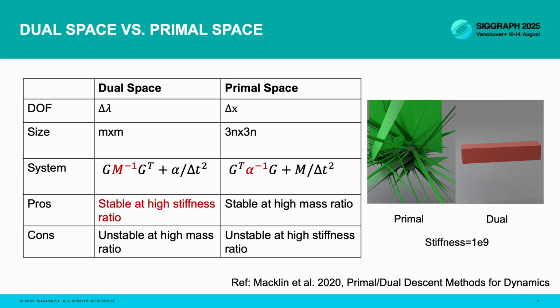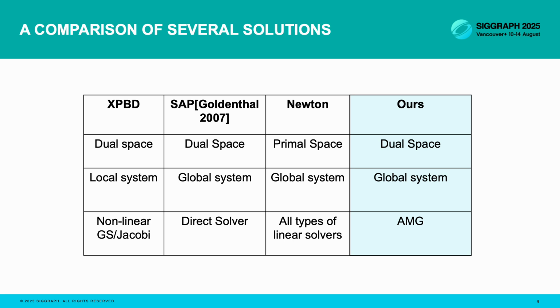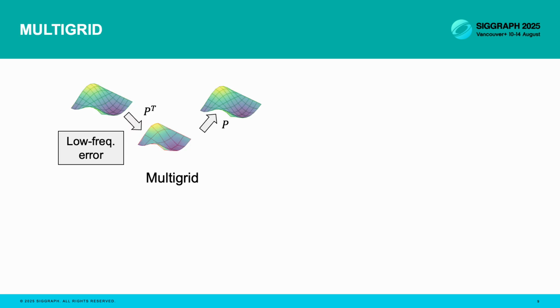So dual space is better suited here. Unlike XPBD's local single sweep approach, we use a global system solved with algebraic multigrid, AMG. Golden's SAP is similar to ours, but uses a direct solver, which is prohibitive for large simulations.